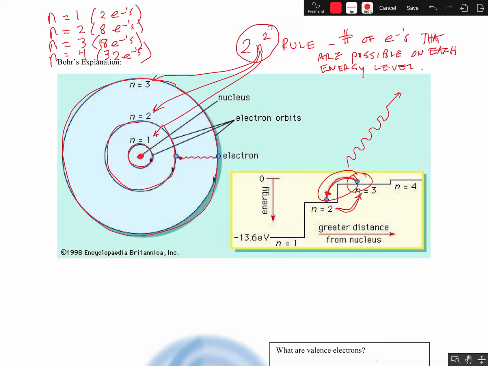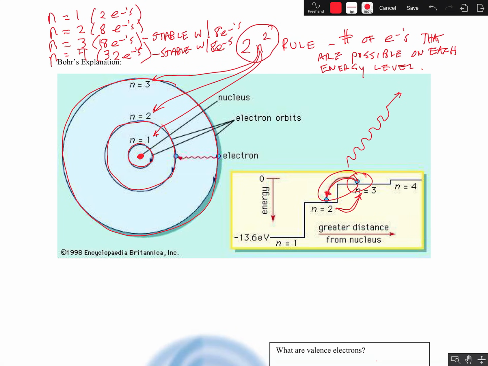For instance, on the third energy level, that energy level becomes stable, and we'll talk more about what stability means in an upcoming video, with 8 electrons. And the same is true with the fourth energy level. It becomes stable with 8 electrons.